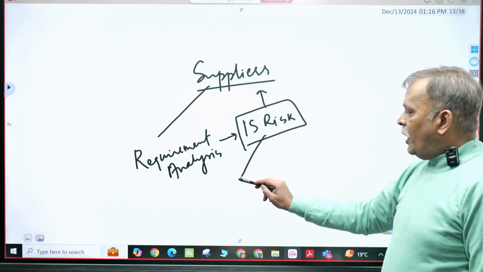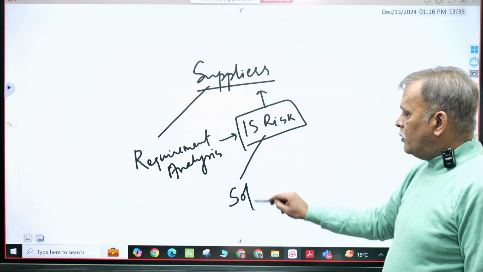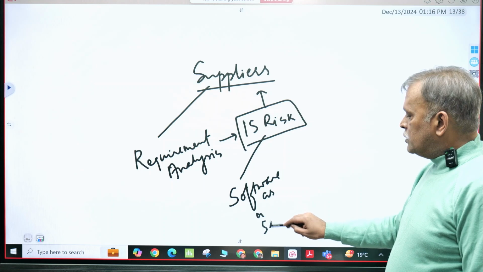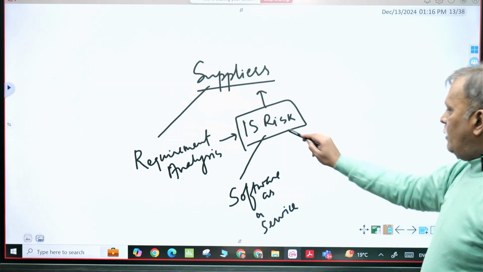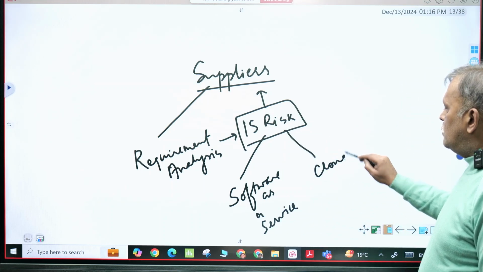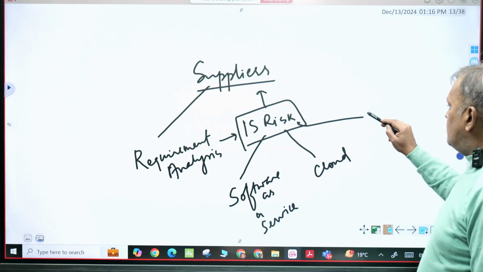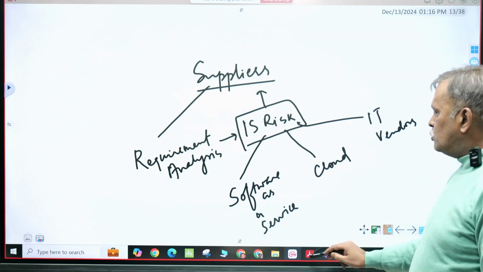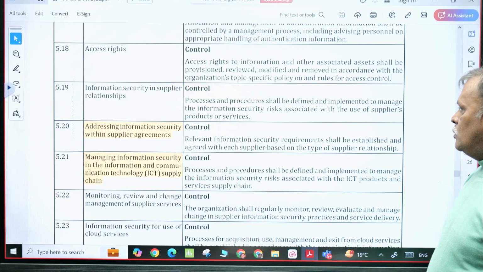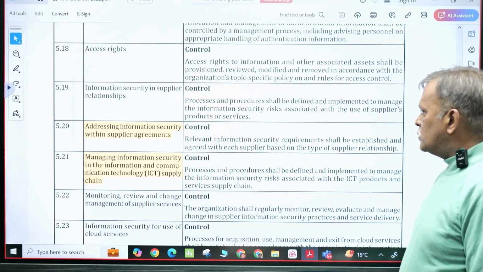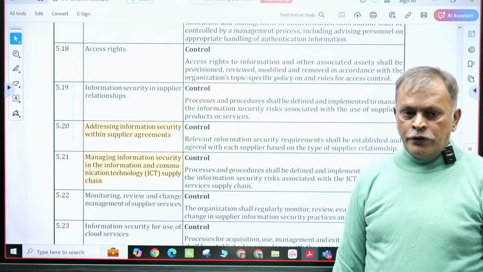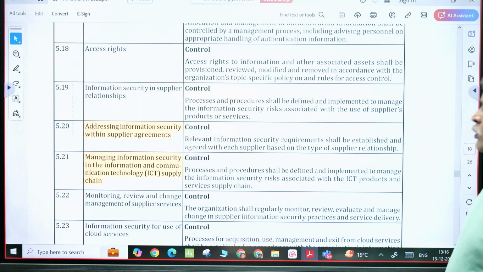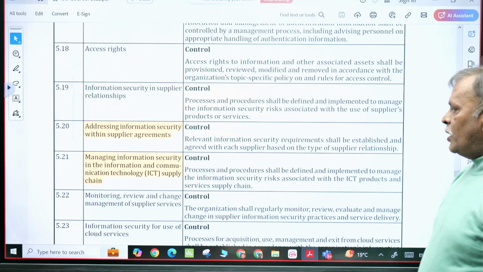So let's say I have taken a software as a service from a supplier. I am using certain cloud services. I am hiring some IT vendor. ISO 27001 requires you to look at processes and procedures for identification of information security risks associated with onboarding a supplier.